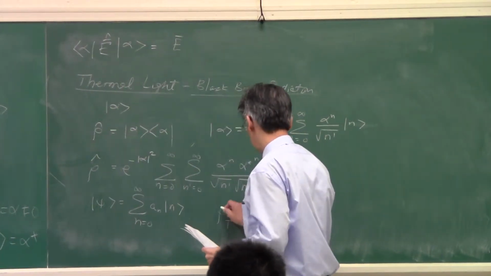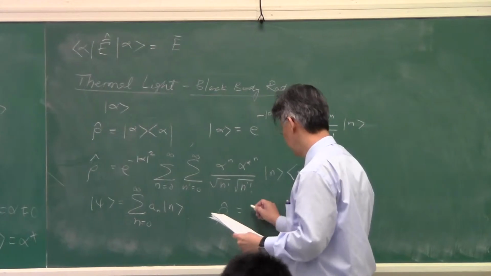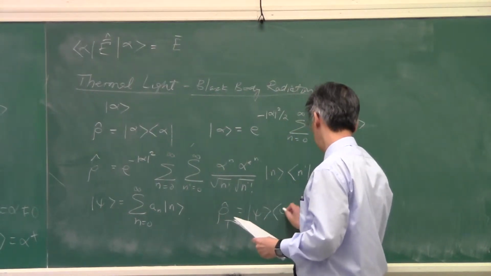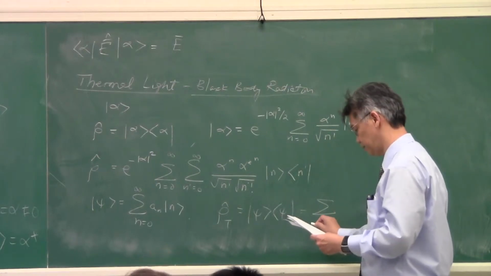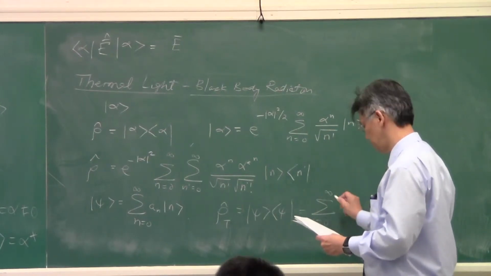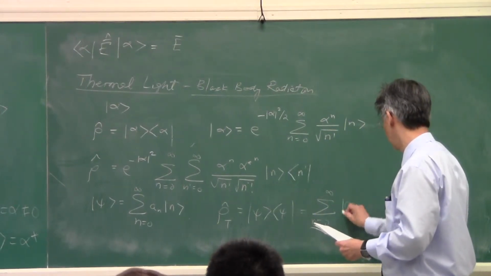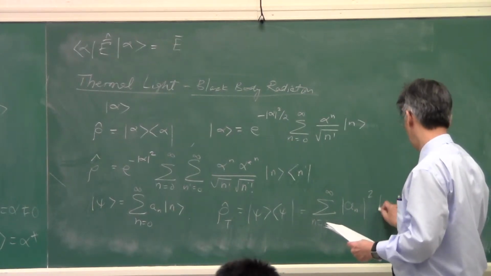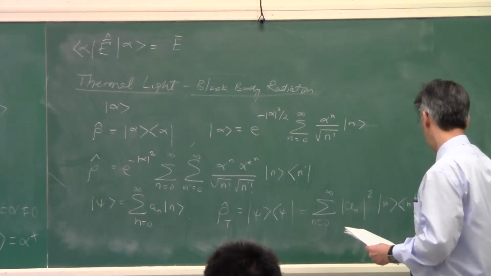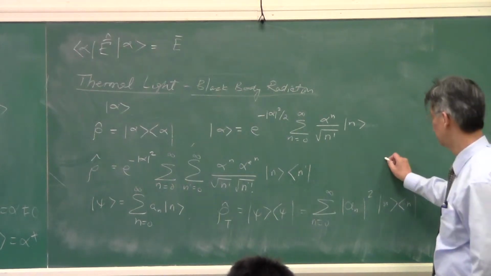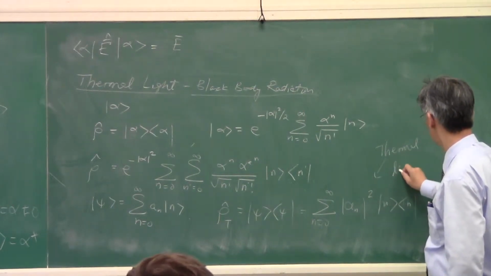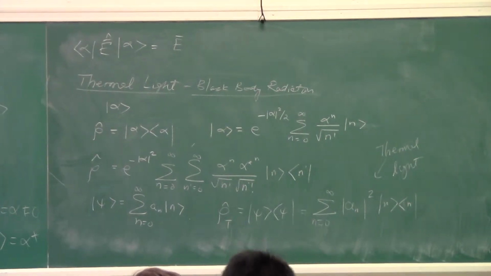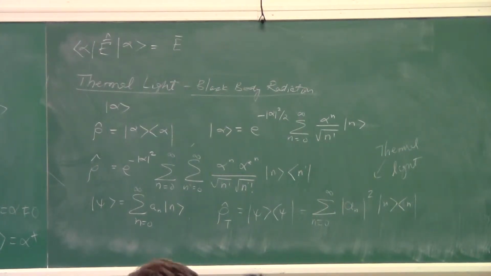Then the density matrix for incoherent light should be expressible with only the diagonal terms. The off-diagonal terms should be 0. This is thermal light. All the off-diagonal terms are 0.